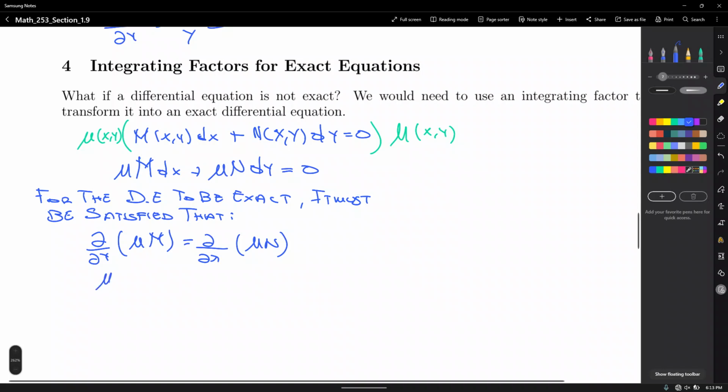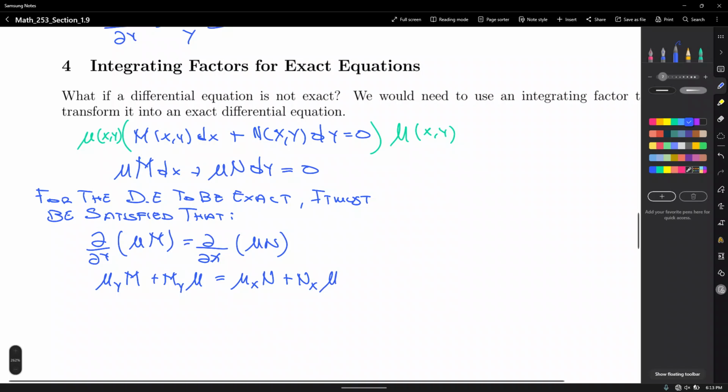That is, mu with respect to y times m plus m with respect to y times mu equals mu with respect to x times n plus n with respect to x times mu. All right?